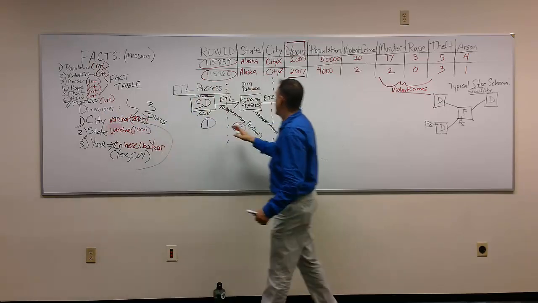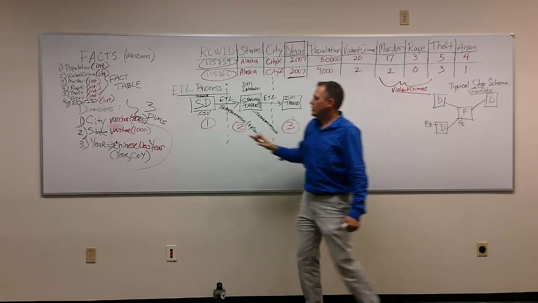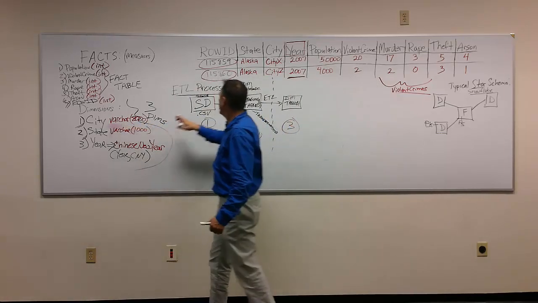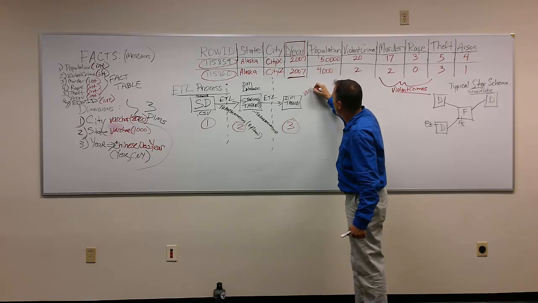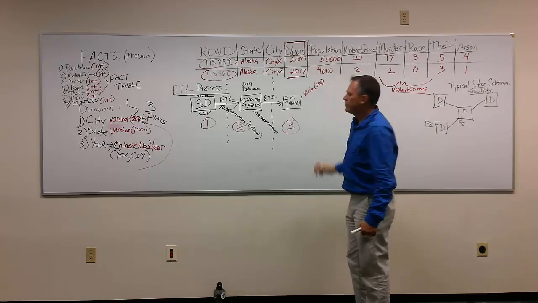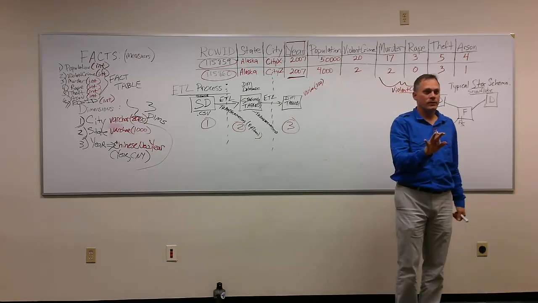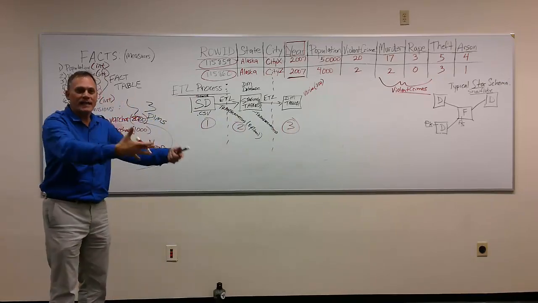That would help us determine the data type and size in the permanent table. So this would be a varchar 8,000 in staging, and in here it might only be a varchar, I don't know, 300. You see?